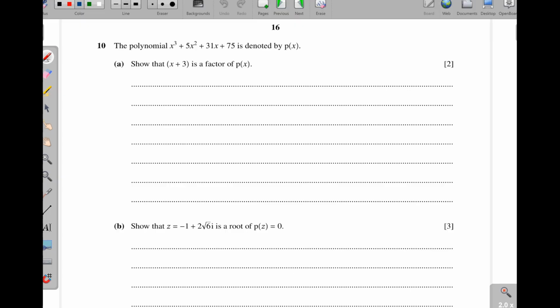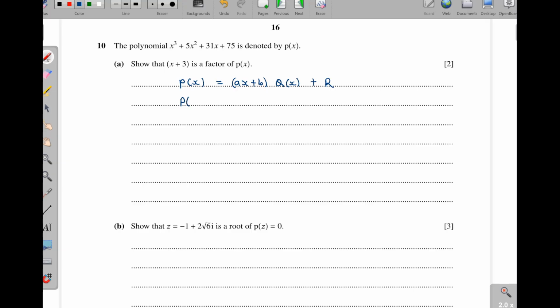Question 10. The polynomial x cubed plus 5x squared plus 3x plus 75 is denoted by p of x. Part A, show that x plus 3 is a factor of p of x. So using the factor remainder theorem, where we say p of x is equal to the divisor, maybe ax plus b, times the quotient, plus the remainder.